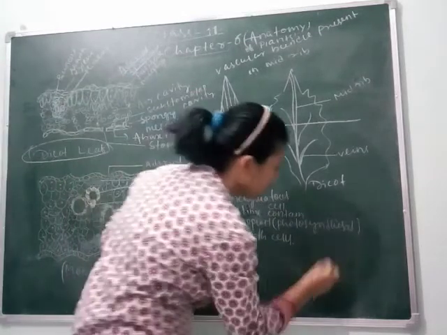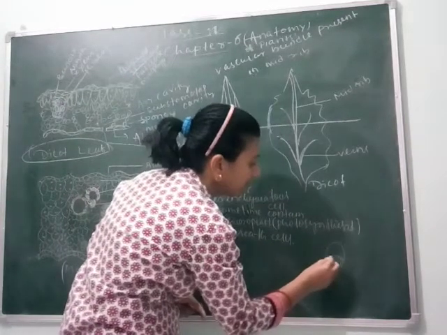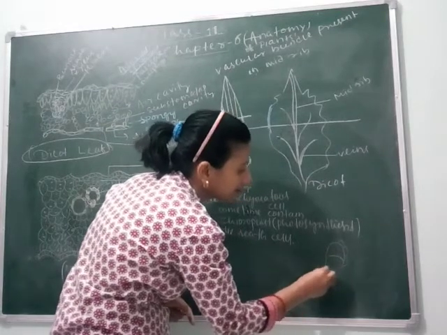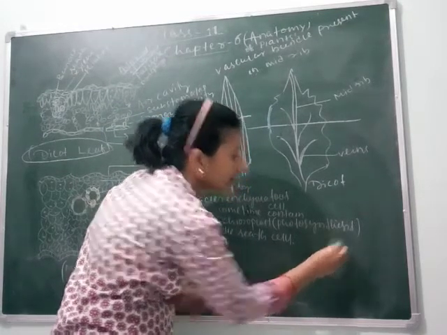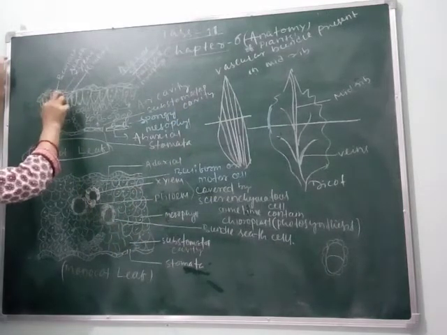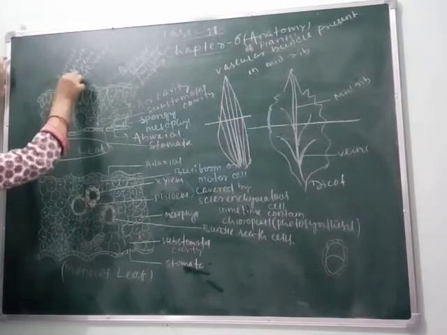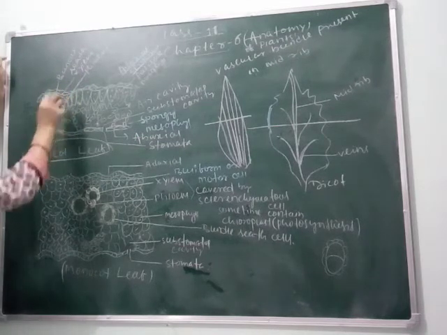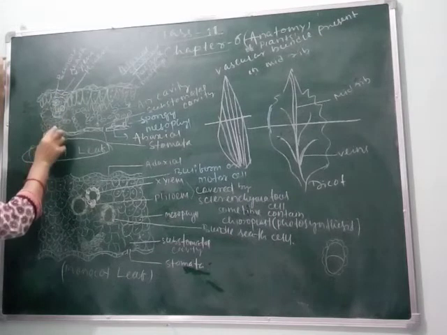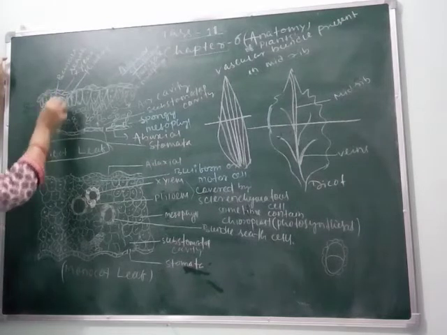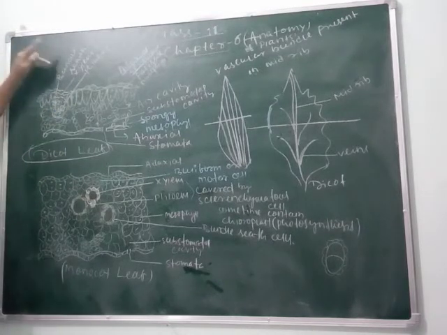Look, this is phloem, this is xylem. Around this the bundle sheath cell covers it. Clear? The diagram represents the same. Xylem is present towards the adaxial surface, and phloem is towards the abaxial surface. That means xylem is towards the upper surface and phloem is towards the lower surface, and this is covered by a bundle sheath cell.